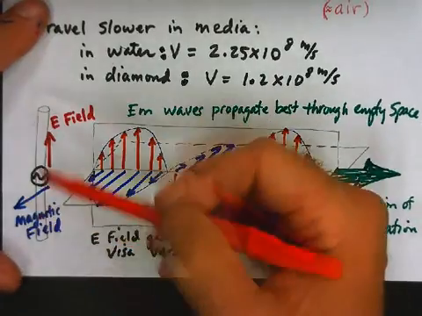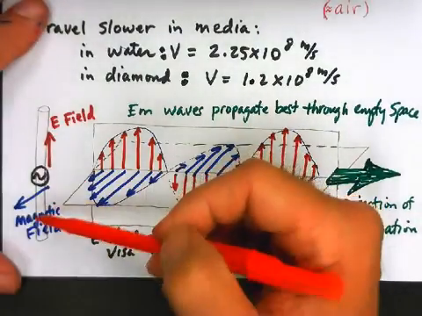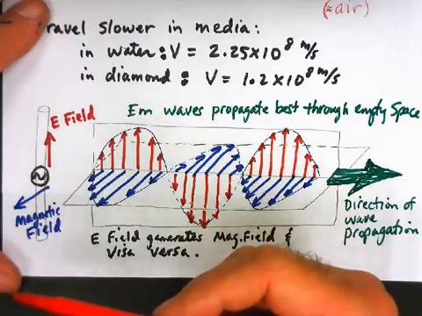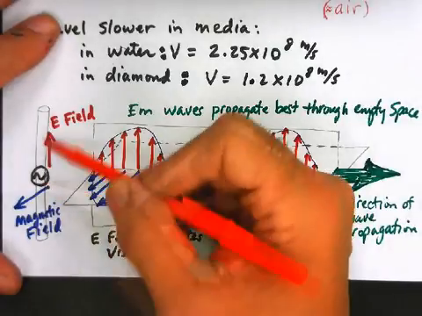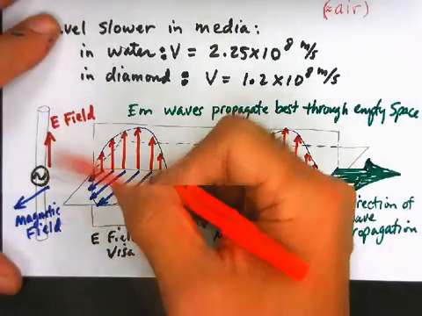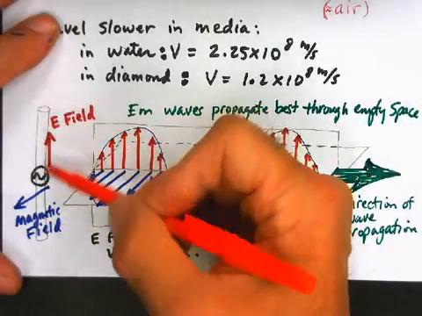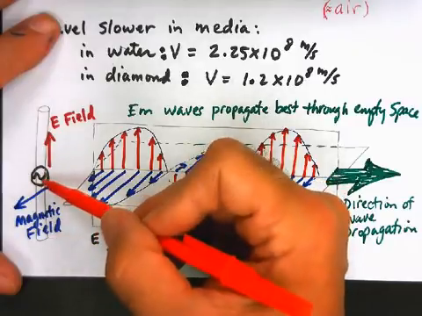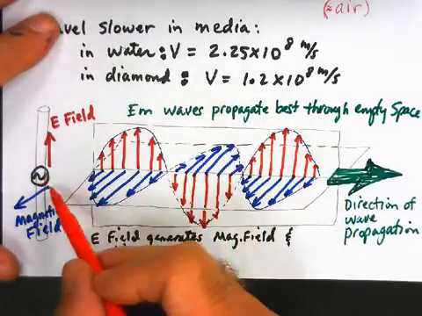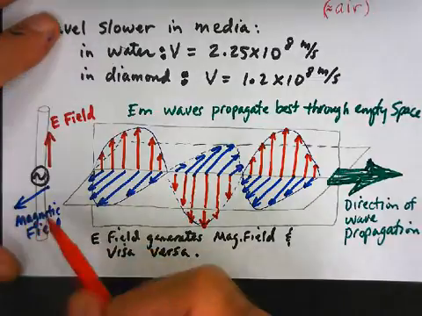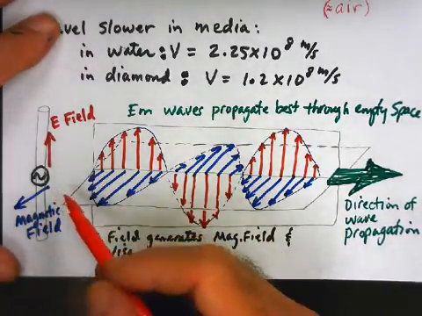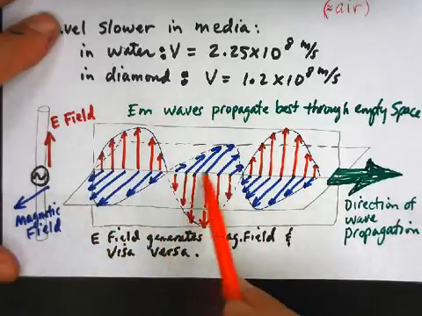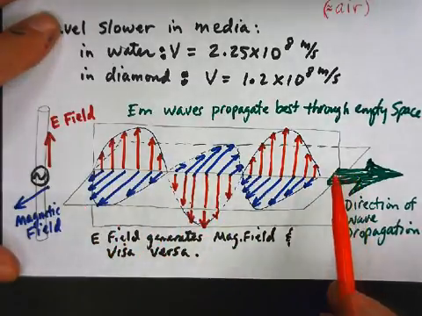If this little thing here is an antenna, let's say a radio transmitter antenna, it's sending out electric fields that are building up and shrinking and going back and forth because of an alternating current, and magnetic fields are perpendicular to that. Those electric and magnetic fields radiate out into space, as you can see in my drawing.